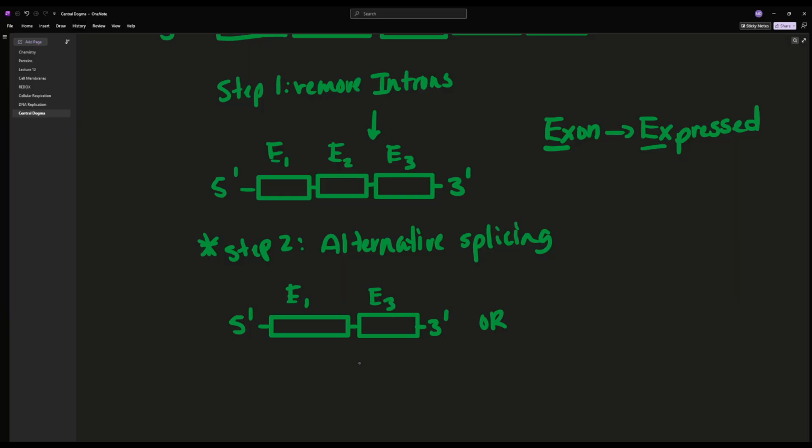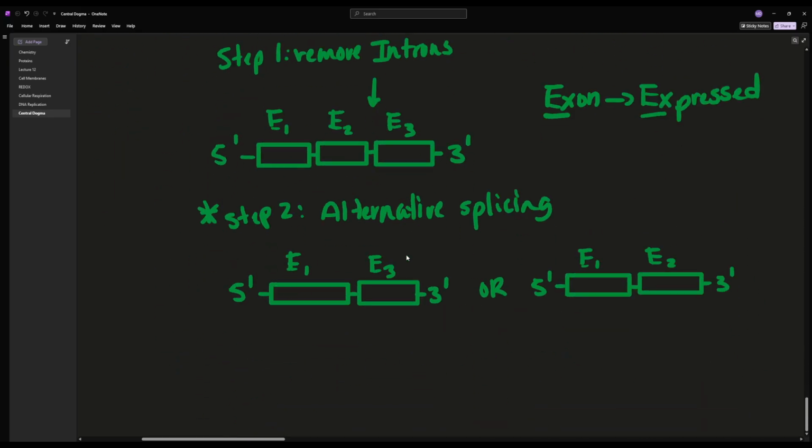Okay, maybe instead of having all three, or maybe just E1 and E2, maybe what we do is we keep E1 and we keep E2 and we get rid of E3. Maybe that's what happens. Okay? All of these help increase the amount of diversity available to the cell in terms of the proteins it can create. So this is our alternative splicing.